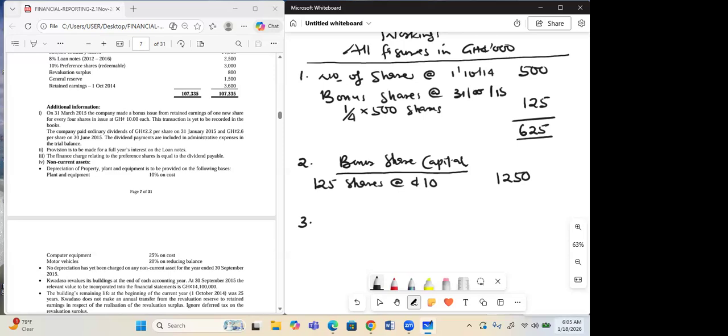Yes, 31st January. So they did the bonus issue in March 2015, meanwhile the first dividend was paid in January 2015. Meaning that at the time they paid it, the bonus issue had not been made. So they paid it on only 500 shares. Do you agree? Yes, sir. Yes.